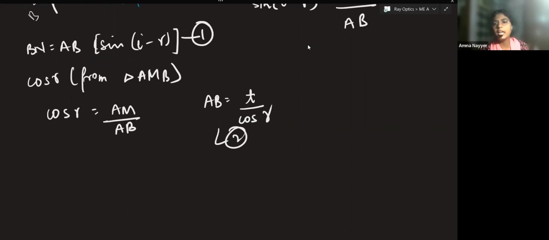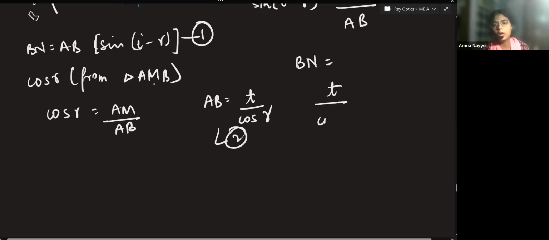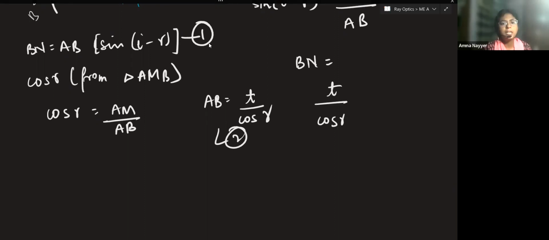So for your final value of Bn, just put AB's value here. So Bn, which is the lateral shift, will be equal to AB, and AB is T by cos R, times sine of I minus R.